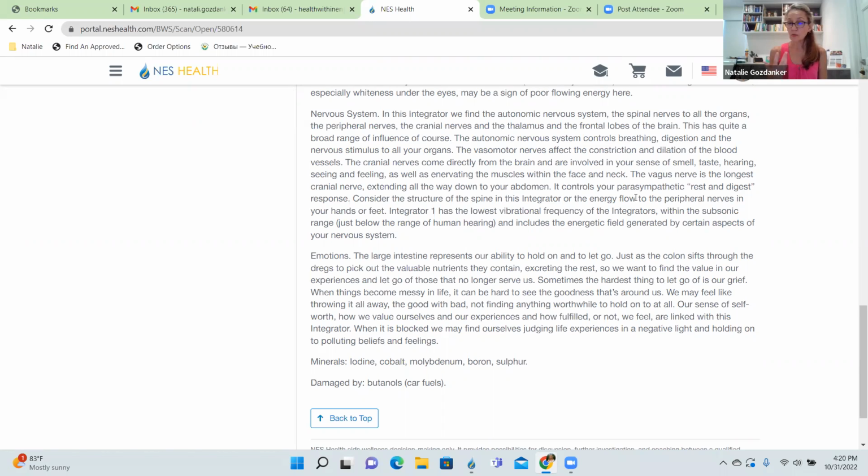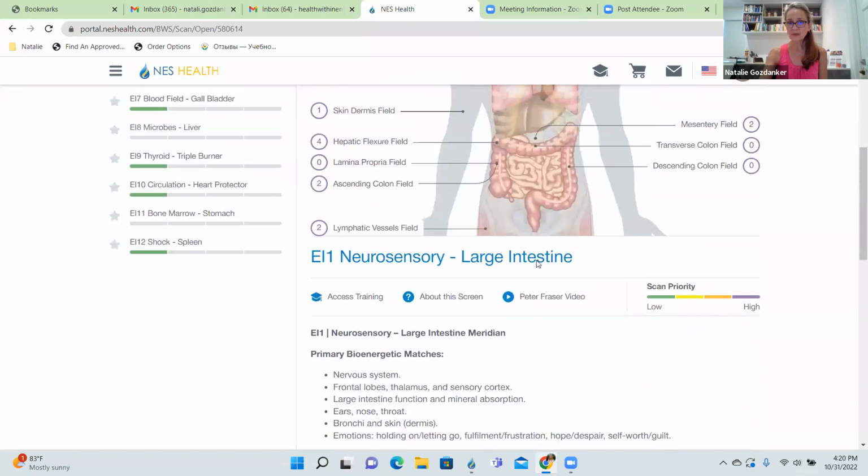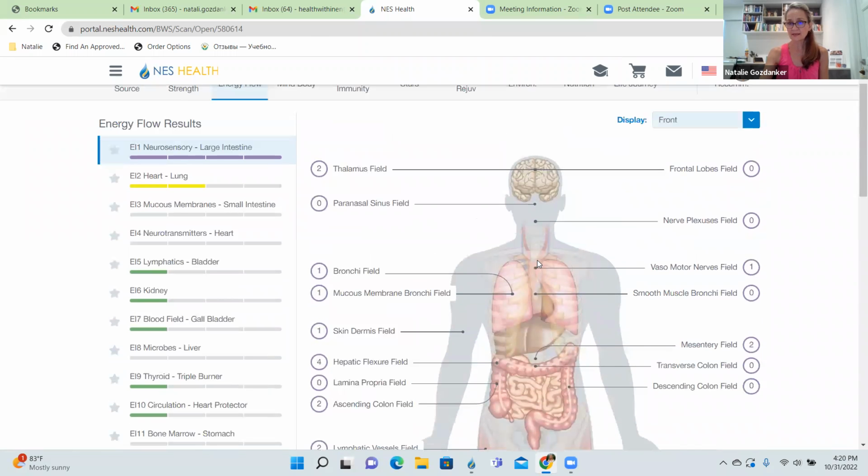Our sense of self-worth gets a little bit off balance as well, and how we value ourselves and our life experiences, whether we feel satisfied and fulfilled with our daily life activities. So you can see that the amount of information that we get from that is just enormous and literally limitless.